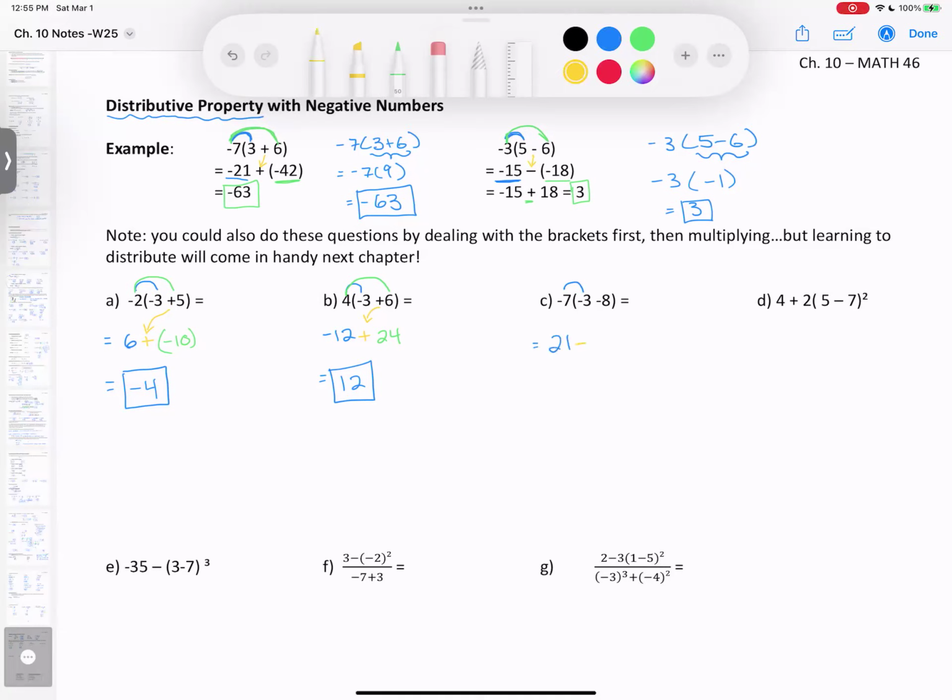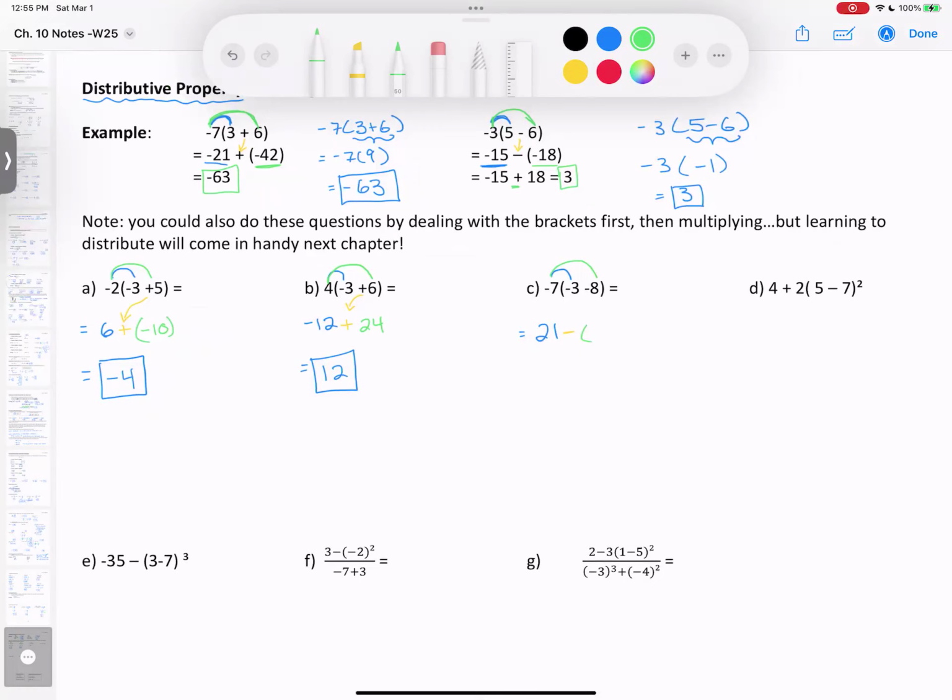And then we've got -7 times +8, which would give us -56. And so we've got two negative signs in a row. So this would be the same as 21 plus 56, which would give you 77.